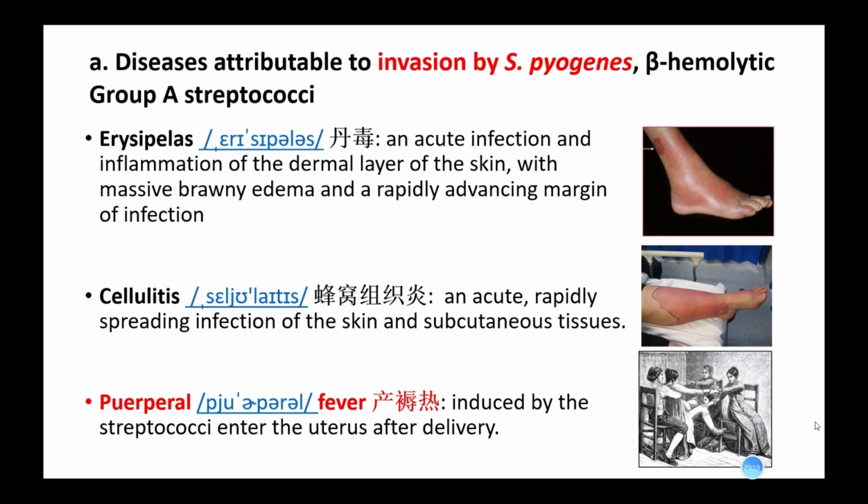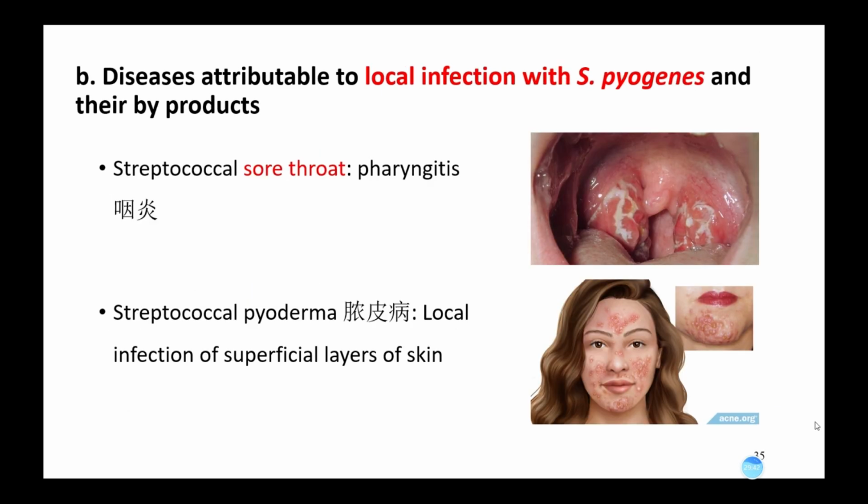So a long time ago, before the scientific era, without antibiotics, it's very dangerous to have a baby. About 1/3 of the moms could not survive after giving birth, mainly due to infection. This is the first type.